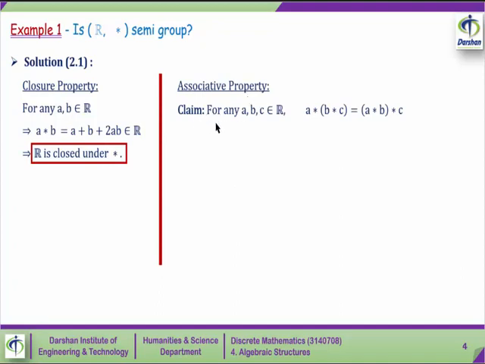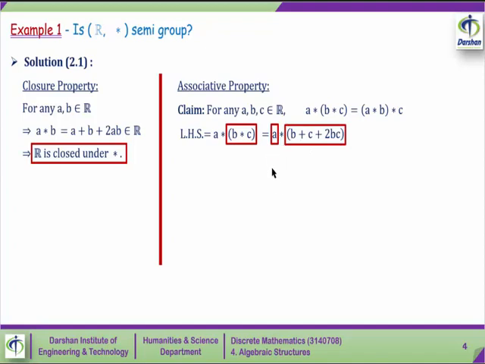So our claim is for any three elements from R, A star B star C is equal to A star B star C. The left hand side is A star B star C. So now we find B star C. Now how is star defined between any two elements? First the addition of both, plus 2 times the multiplication of both. So B star C is B plus C plus 2 into B into C. Now here A is the first element and this one is the second element and star is between them.